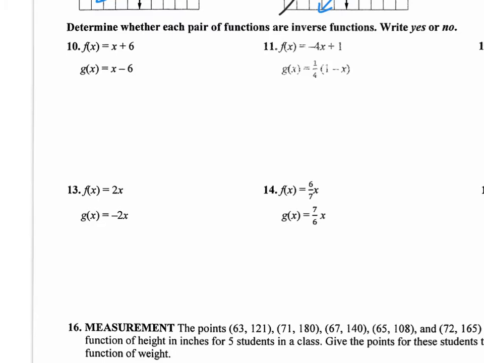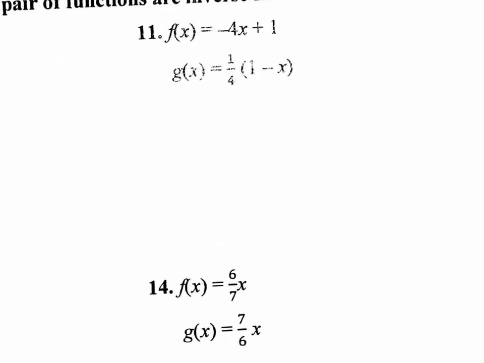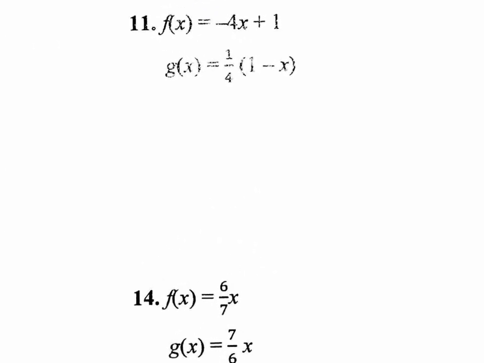Let's jump to something more fun. Okay, so down here it says determine if each pair of functions are inverse functions, yes or no. So in order to determine if f of x and g of x are inverse functions, this is what has to happen. Two things have to happen. When you take your g of x function and plug it into your f of x function, you should get nothing else but x.